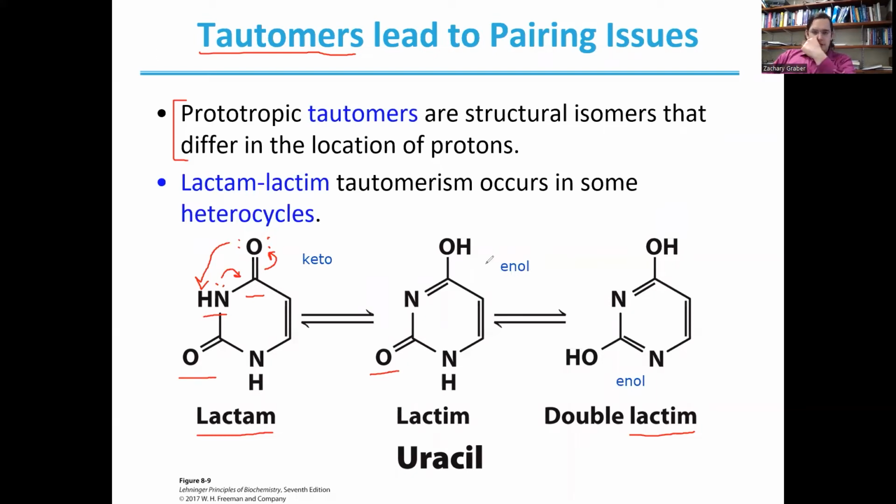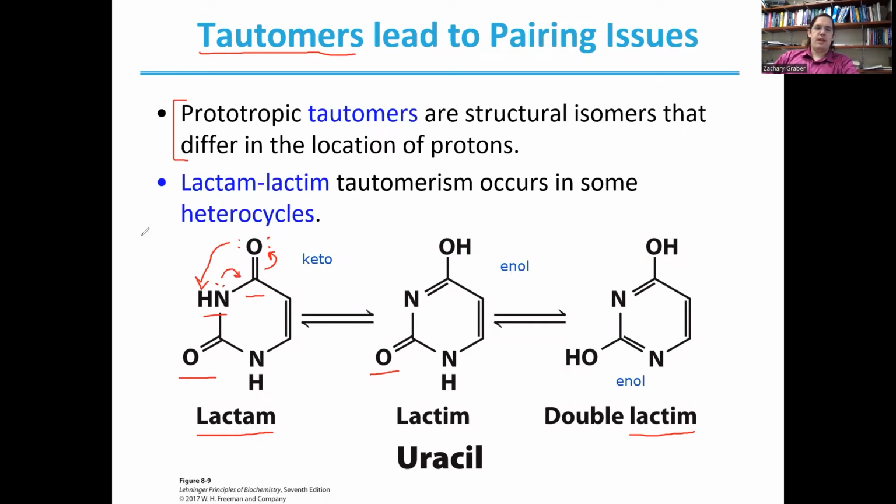When we make these changes, you should notice that we've now switched from a hydrogen bond acceptor to a hydrogen bond donor for each of our carbonyls. We've also switched our nitrogen from a hydrogen bond donor now to a hydrogen bond acceptor.